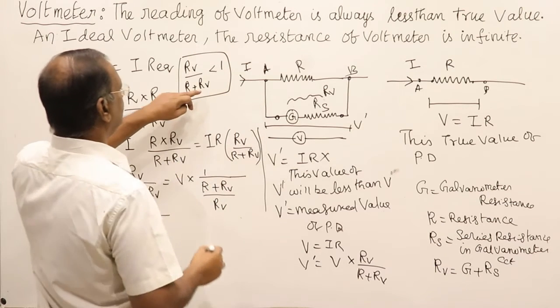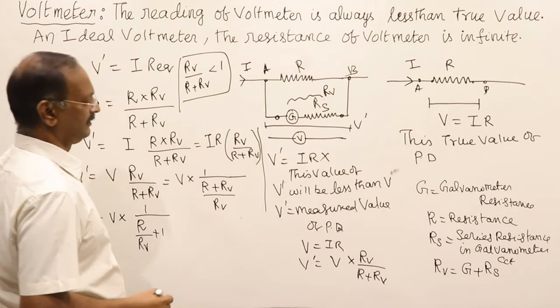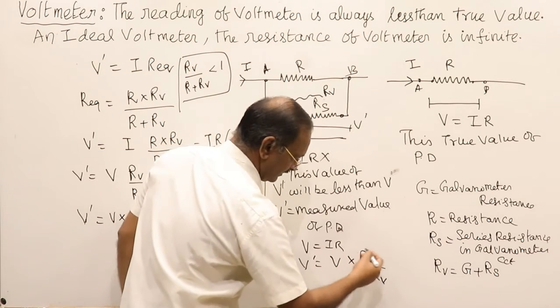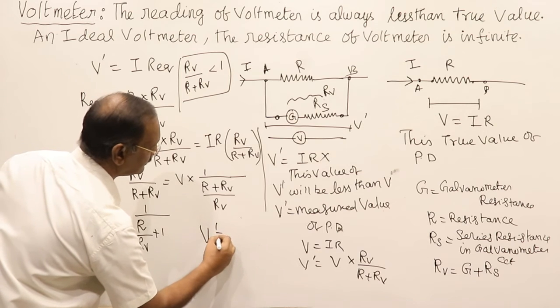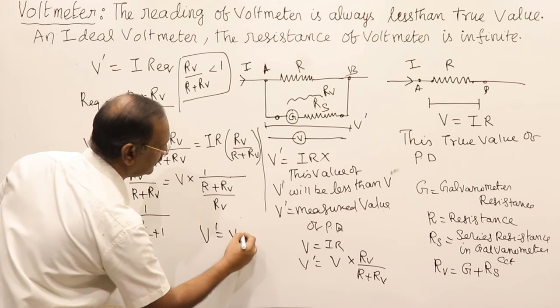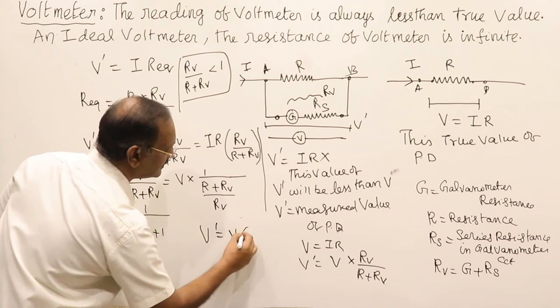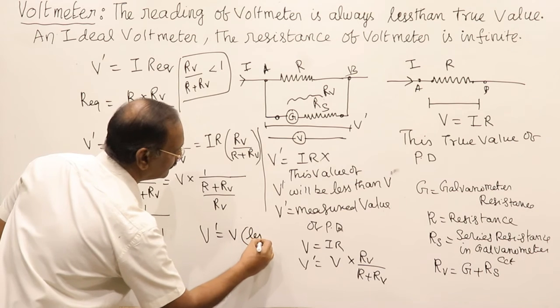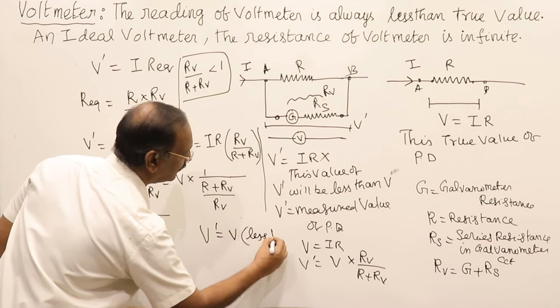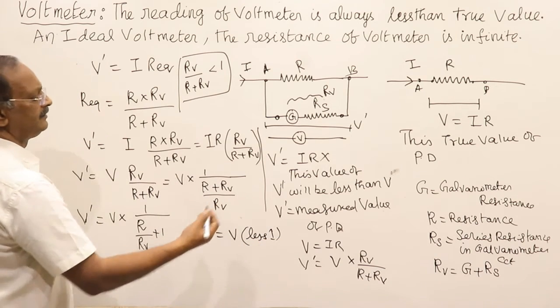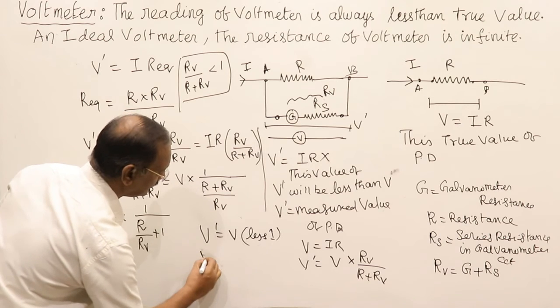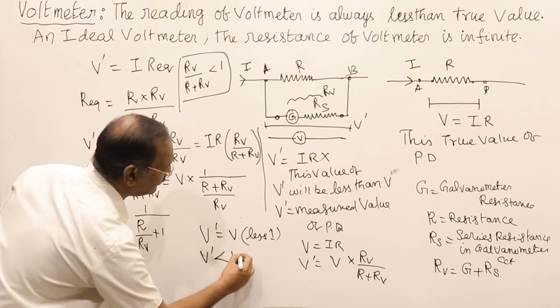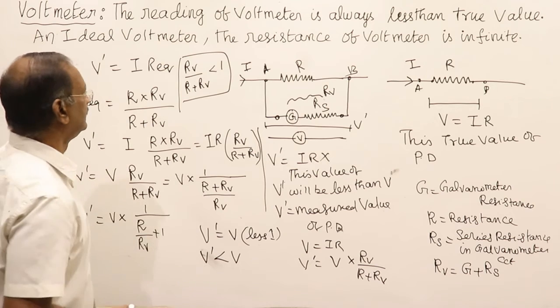Why? Because the denominator is the bigger one, the numerator is the smaller one, so it will be a lesser value. It means V dash is equal to V multiplied by some value less than 1, that is, point something. So V dash is less than V.